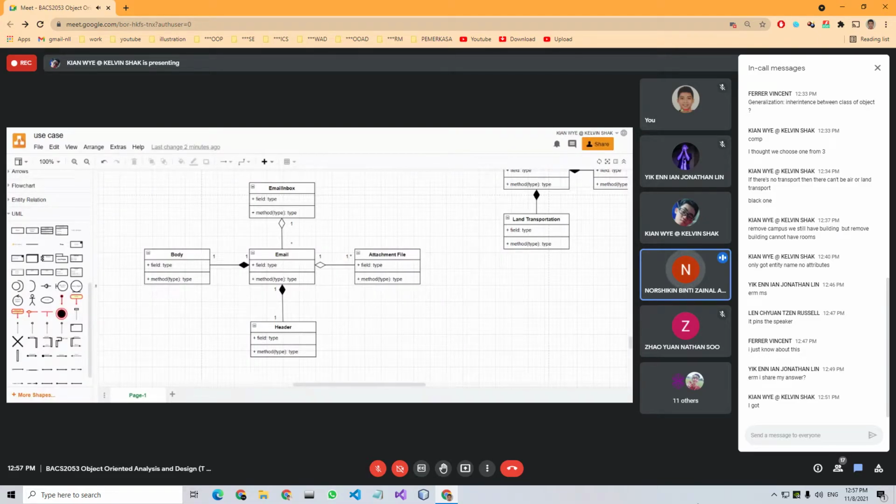So just now we already identified our entities, and now we go to the relationship association. If you check the question, they ask to show whether it is an aggregation or a composition.